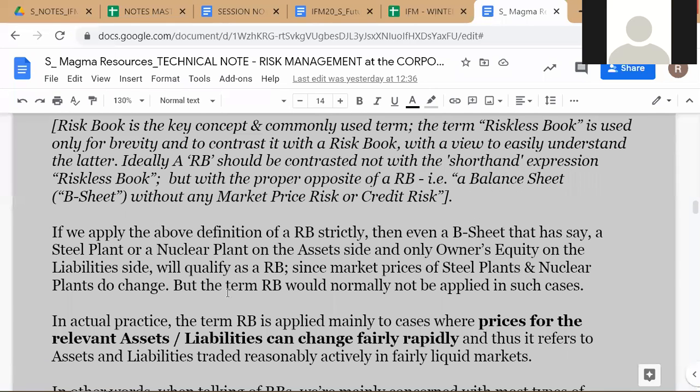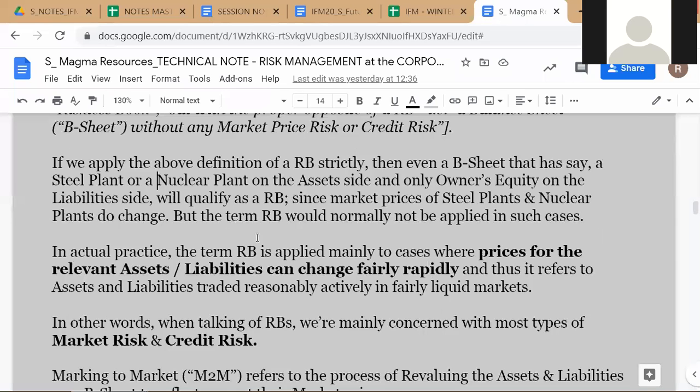But normally we don't use the word risk book for that kind of balance sheet. We only apply it for cases where there is a fairly rapid change in assets and liabilities, where the related market prices change fairly rapidly on a regular basis. That's where we use it.